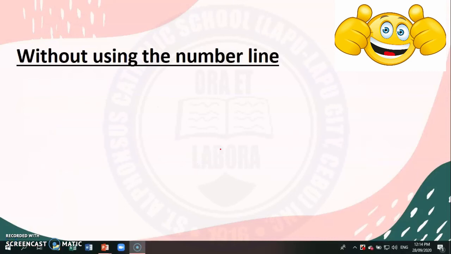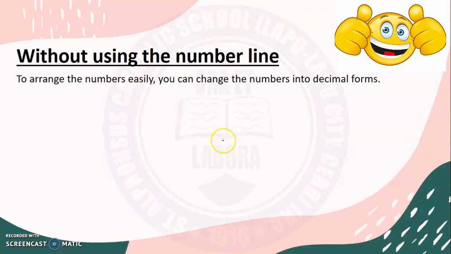Now let's proceed to the second way of ordering real numbers, and that is without using the number line. How to arrange real numbers without using number line? Okay, to arrange the numbers easily, you can change the numbers into decimal forms.